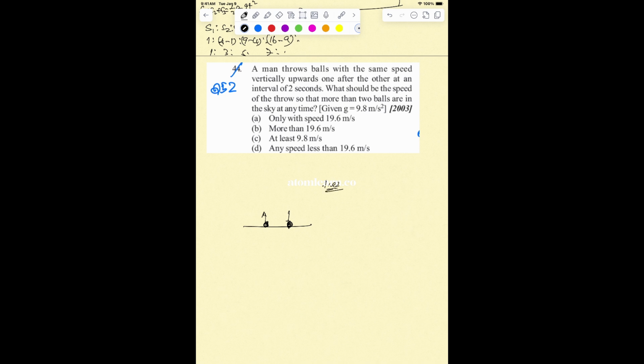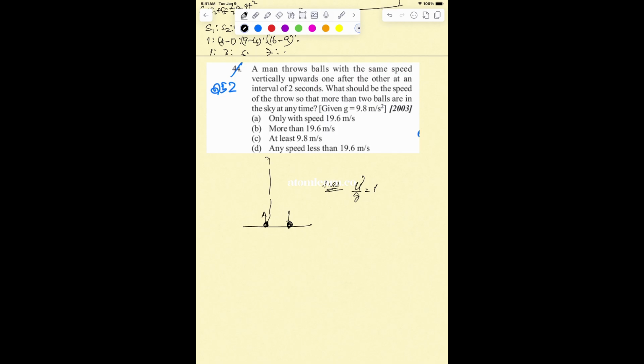Now, what should be the speed? Therefore, u by g should be equal to 1 second, because u by g is the time taken for one-way travel. U by g equal to 1 second, and they are asking what is the speed of throw u. So u must be equal to 10.